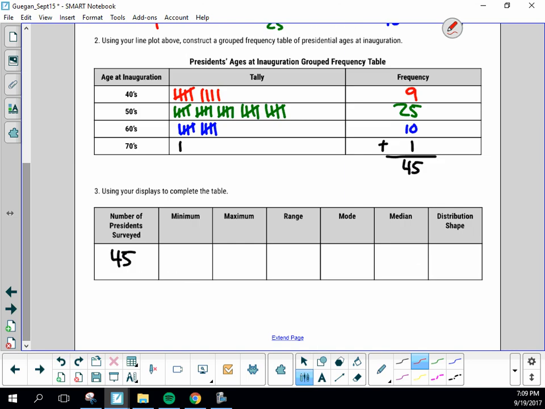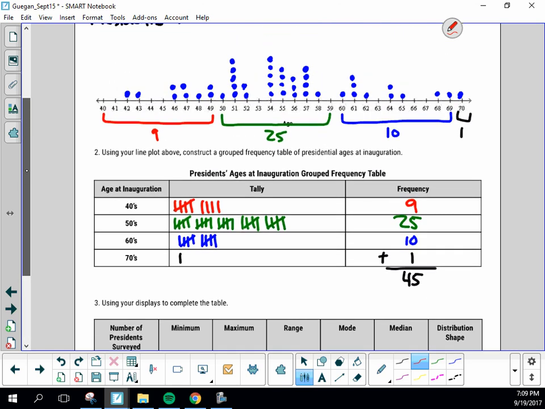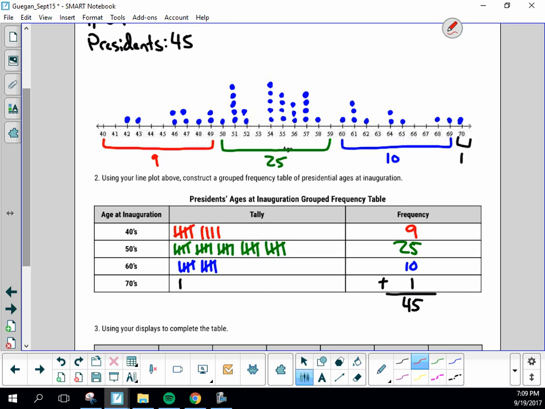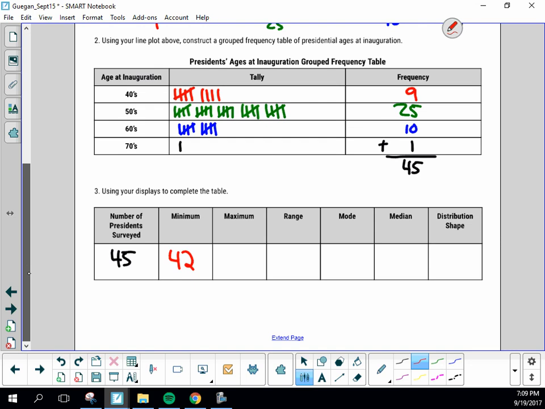Okay, we'll put that in our table down here, 42. Now we can go up and look at the maximum. Maximum should be our biggest value. That should be that 70 right there. I'll go back down in here and write that as our maximum.